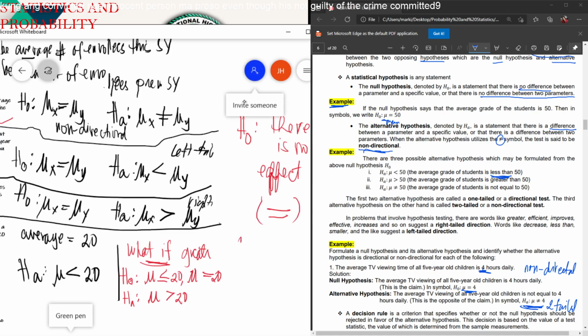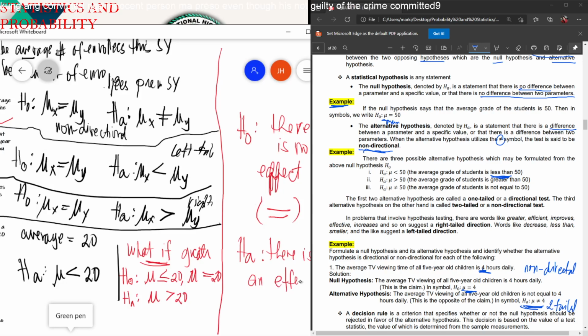If it is an alternative hypothesis, there is a difference, there is an effect, or there is a significant effect. So we can use here in our alternative not equal.